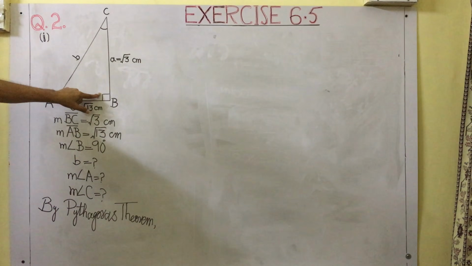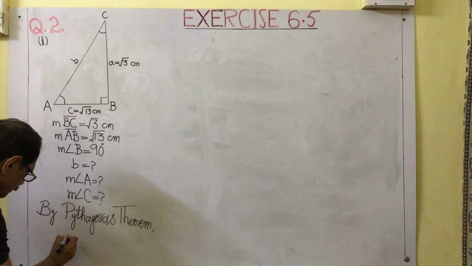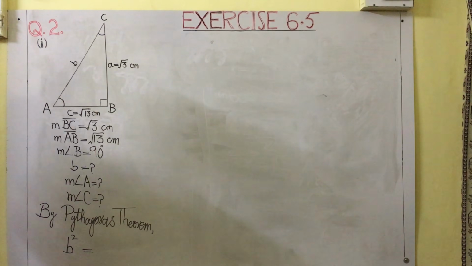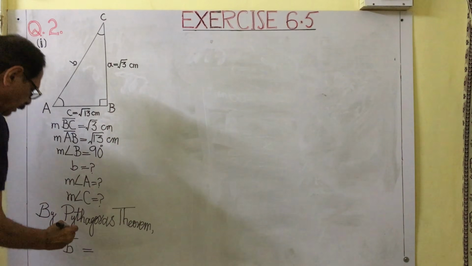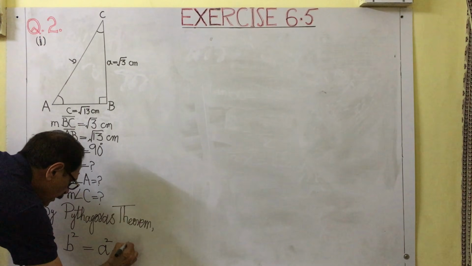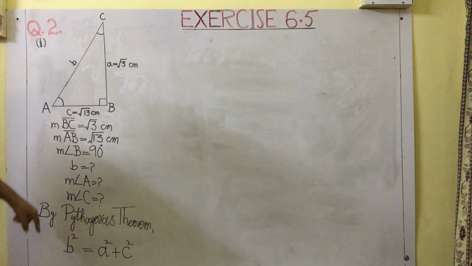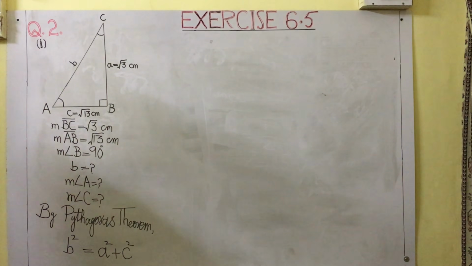square of the longest side, which is opposite to the 90 degrees angle, is equal to the sum of the squares of the other two shorter sides, that is A square plus C square. You can say hypotenuse square is equal to base square plus perpendicular square.